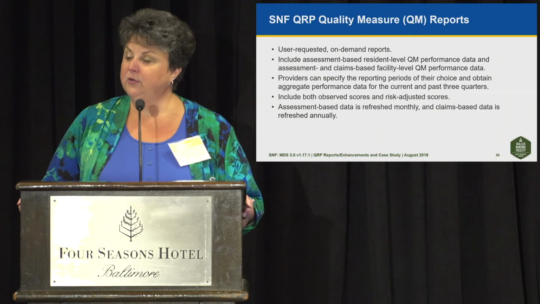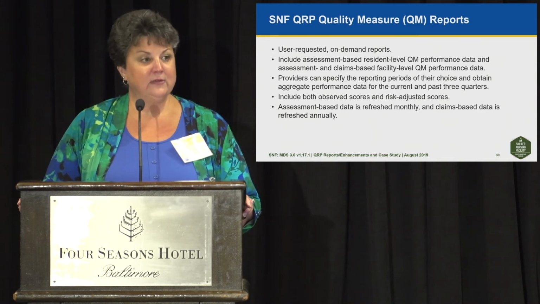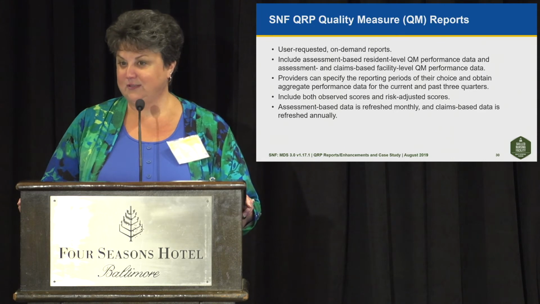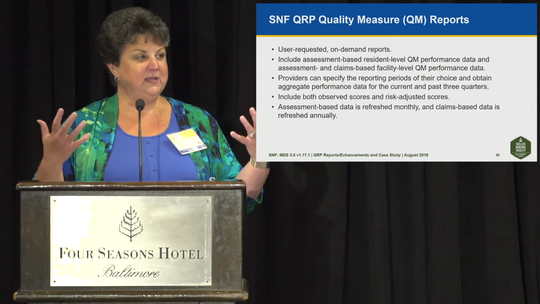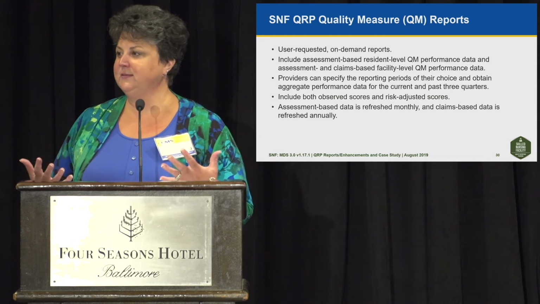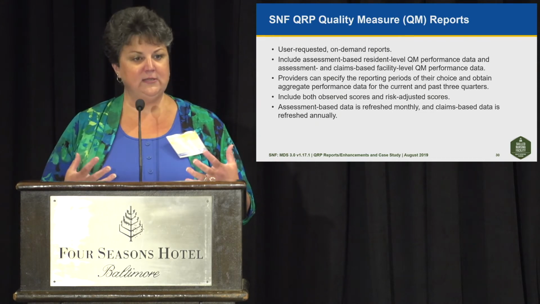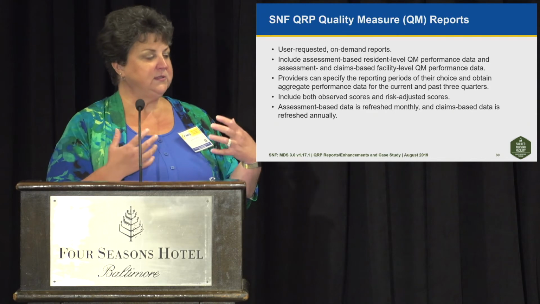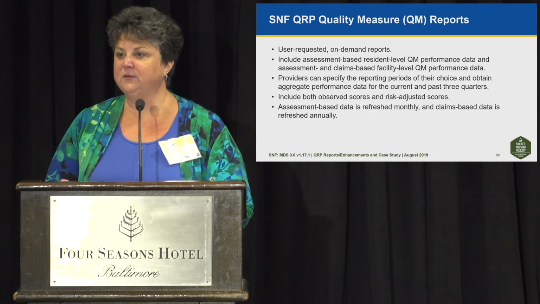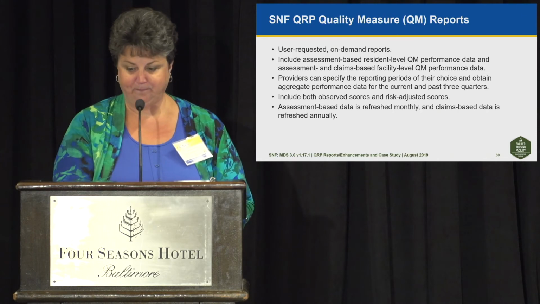Additionally, the review and correct reports are not risk adjusted, but the QM reports are risk adjusted. So often folks will say, well, I'm looking at the same facility and the same reporting time. Why is this not matching? And that's the reason, is the different risk adjustments, the different refresh times and things. And that's why you need those manuals to help you understand that.